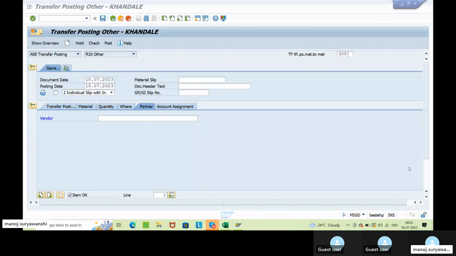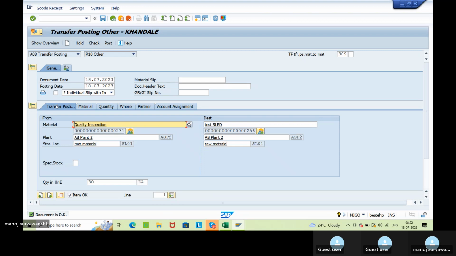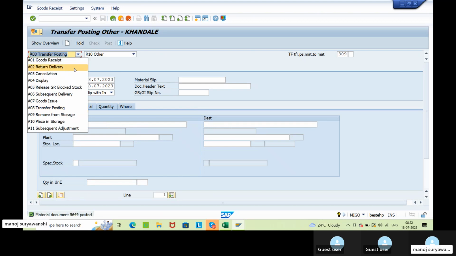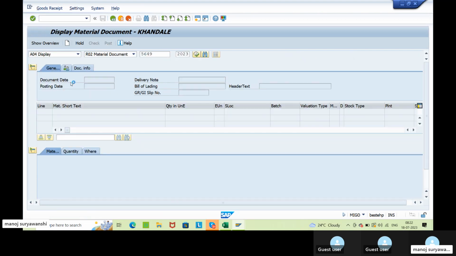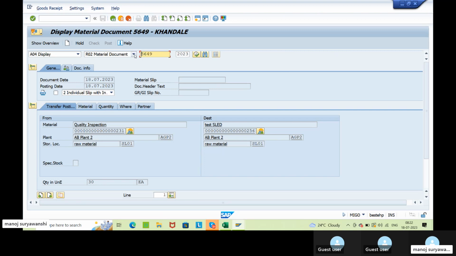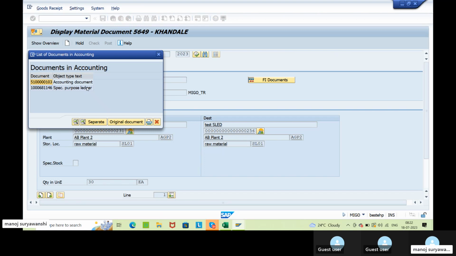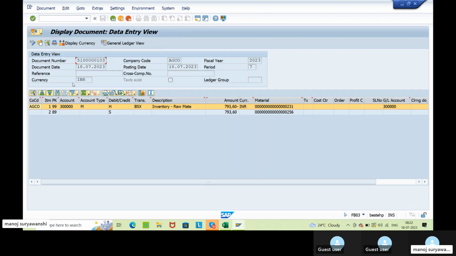It should not ask the vendor, but I think this is mandatory here. Let me enter it. Check it and post it. Display it. So material document is generated. This is your material document number. Go to document info and an accounting document is also generated.